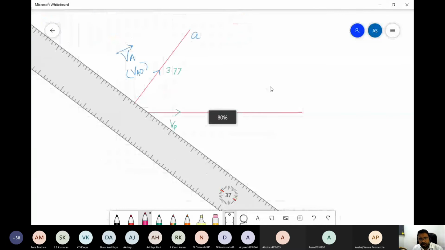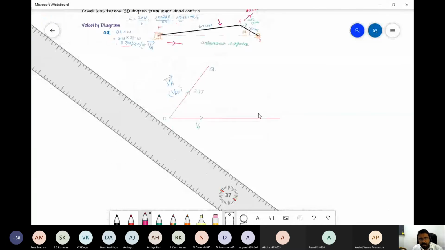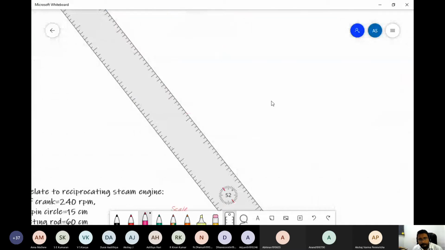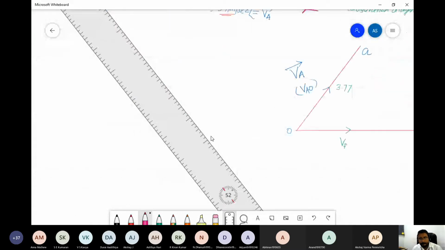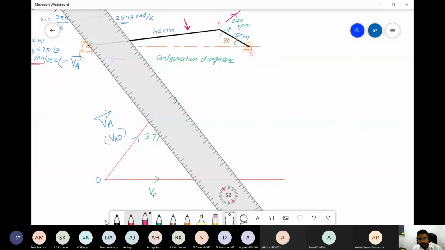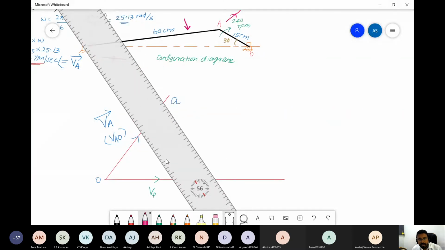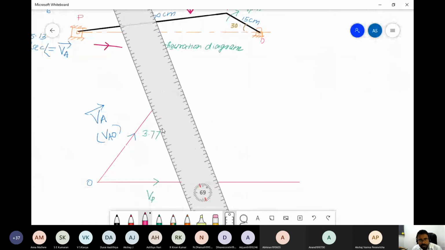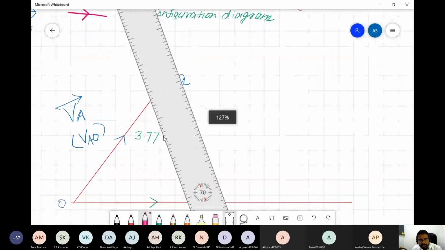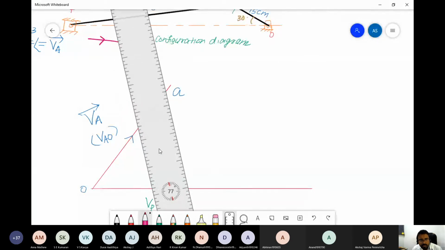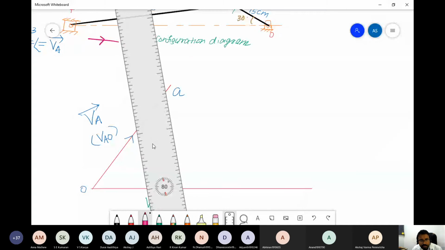So again, we are going to draw the vector. I'm taking a drafter and moving it like this, and I'm making it perpendicular to this. Does it become perpendicular?